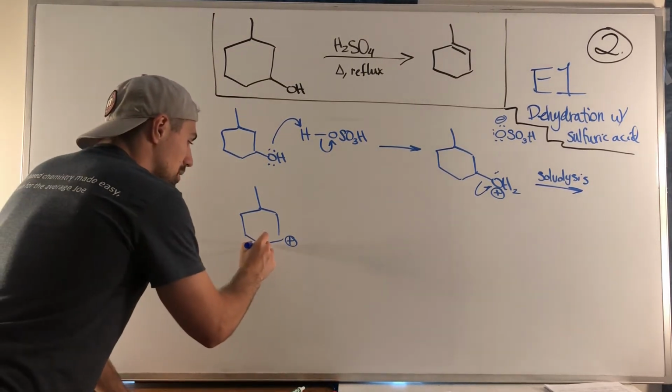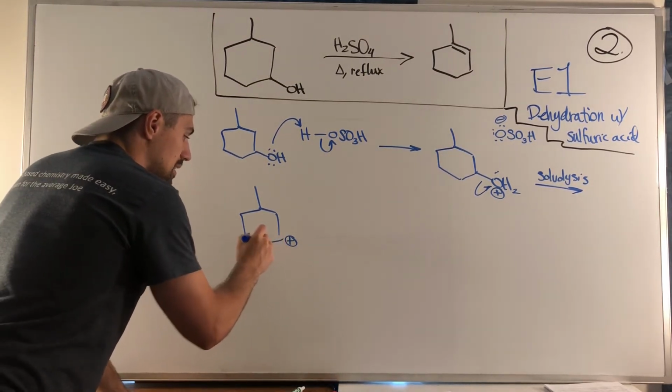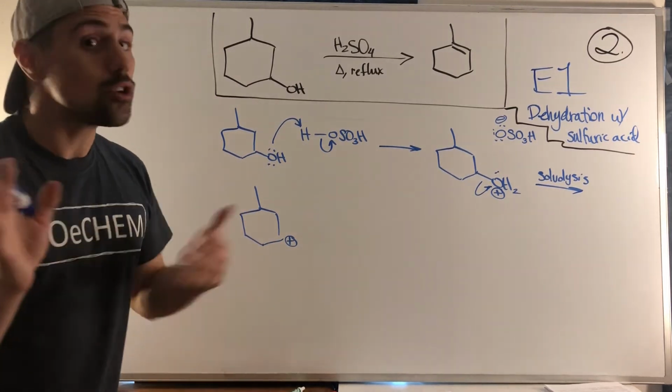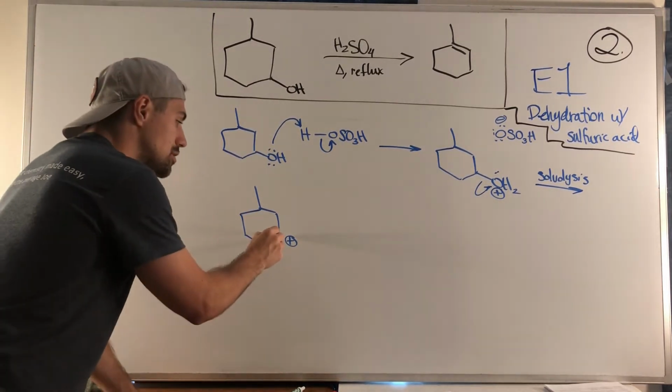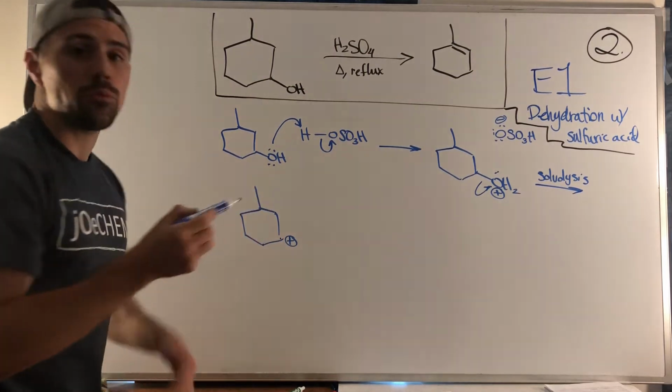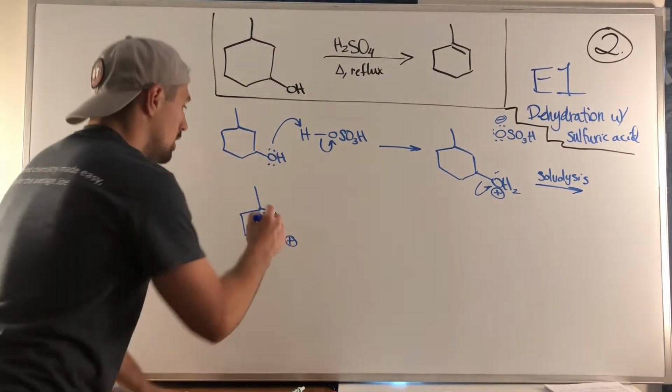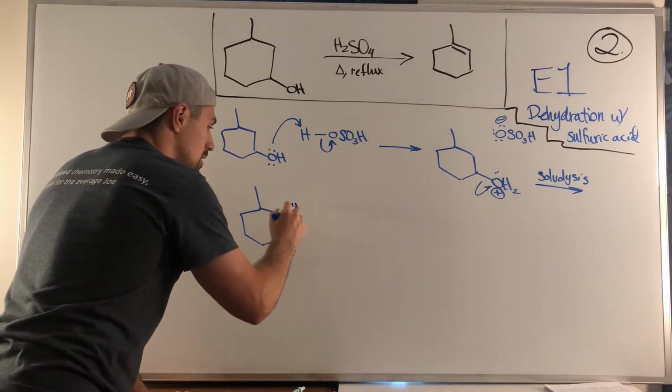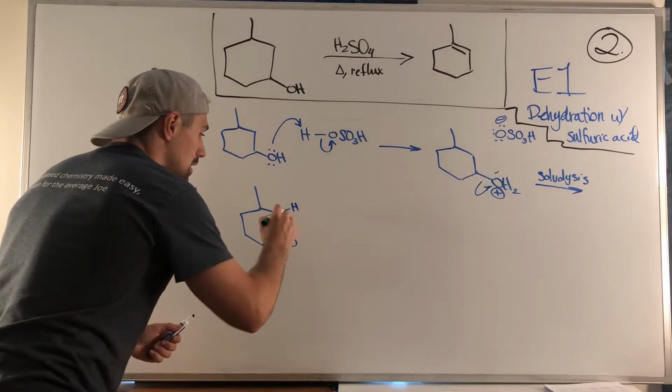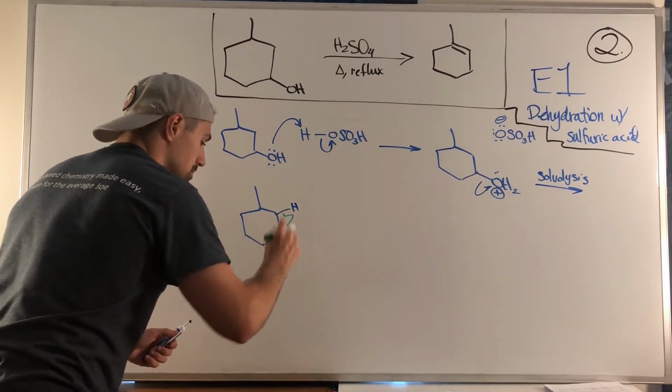It makes no sense to rearrange over here because that's secondary to secondary. And while it looks like it won't make sense to rearrange secondary to secondary, that's what we need to do. So we need to expose a hydrogen. We need to do a hydride shift.